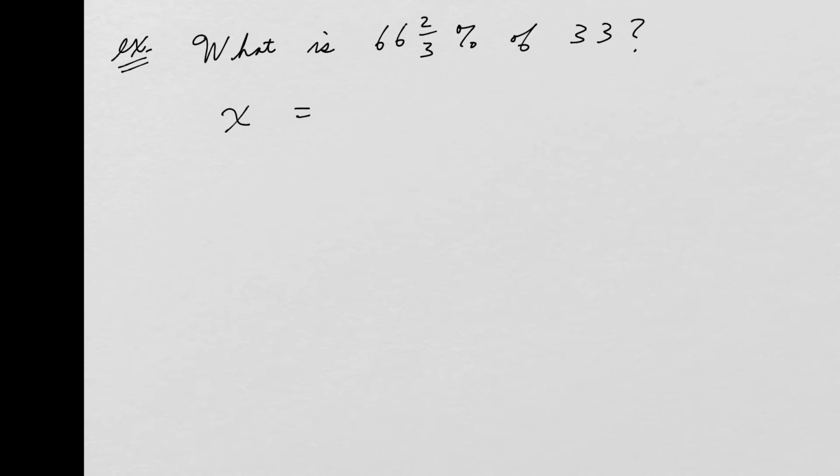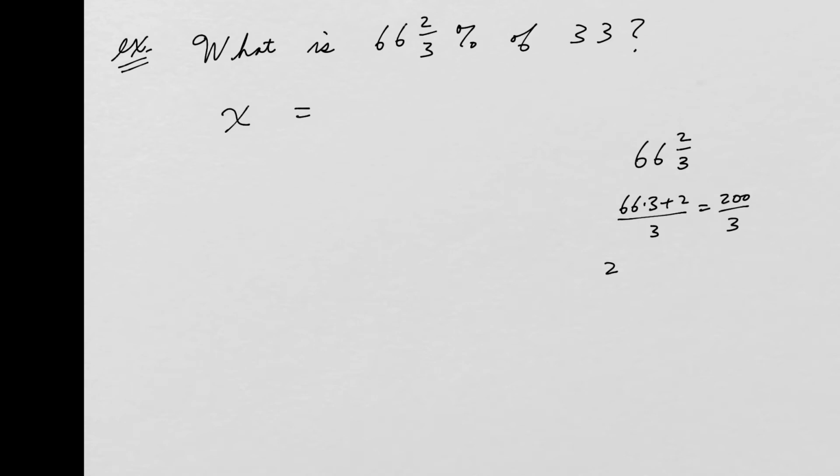That's not going to be so easy to put in decimal form because the decimal goes on forever. It doesn't stop, it just repeats. So what I would do is, first of all, write that as an improper fraction. I'll do it on the side here. 66 2/3 as an improper fraction would be 66 times 3 plus 2 over 3, and that turns out to be 200 over 3.